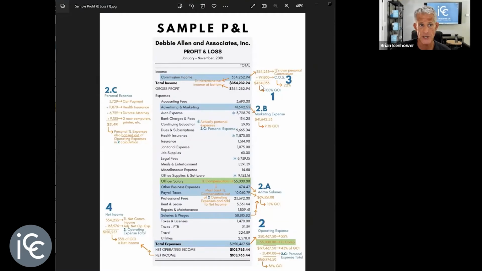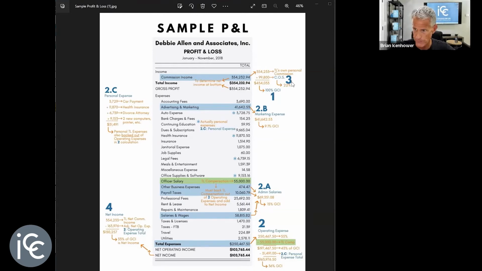And so we've worked these 2 out, right? We just located and identified on the P&L your net income, your net commission income. Then we got to go back and find out how much we paid our broker and or our team members. That'll be our cost of sales. We add that to our net income that we told our accountant about, and boom, we get gross commission income. So now we've got number 1 and 3 sorted.